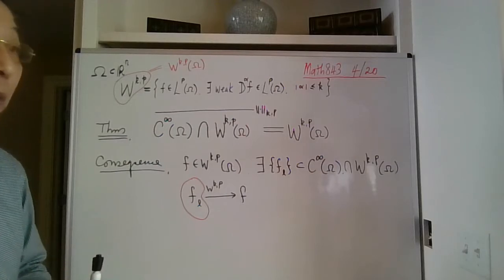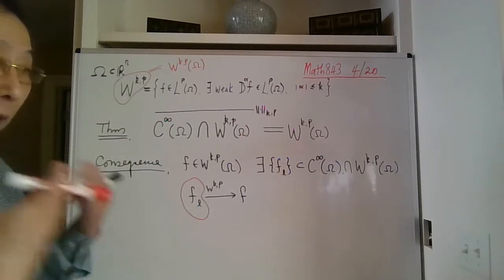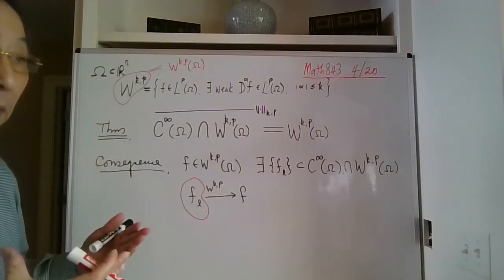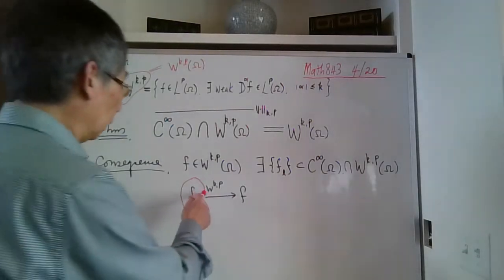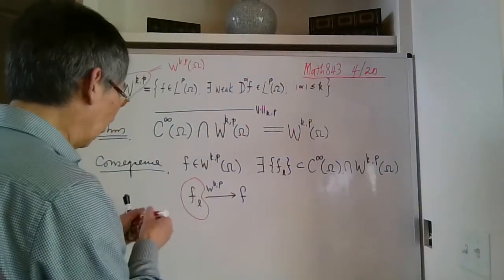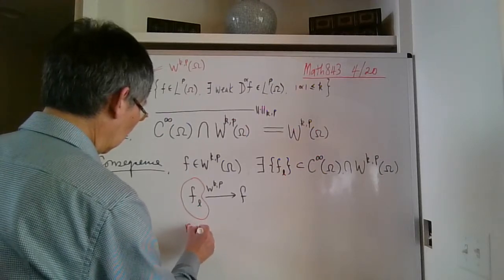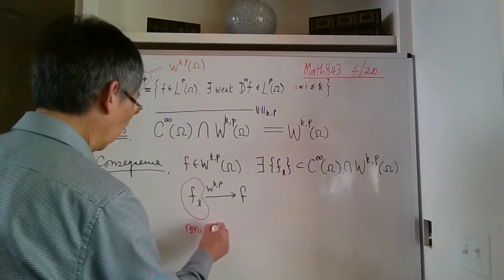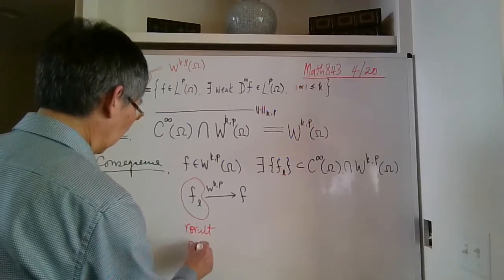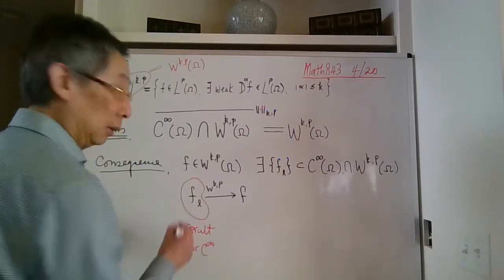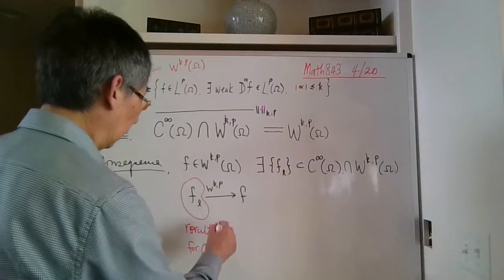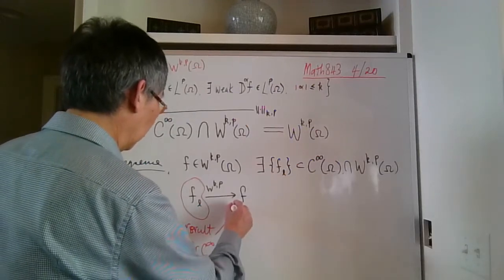Once you get this result, you take the limit, and using an approximation argument, the result for the smooth case can be extended to the result for f.